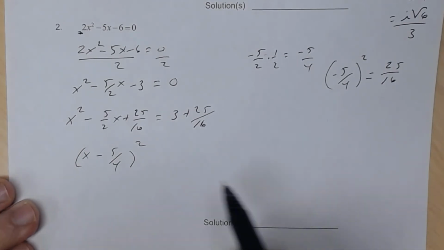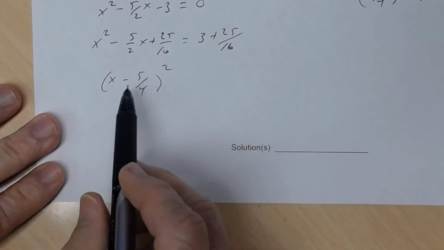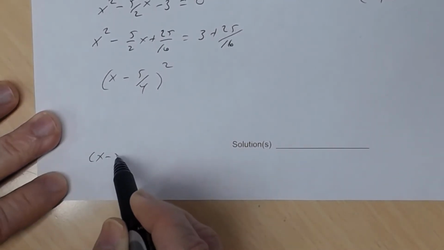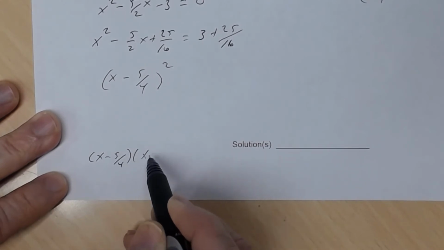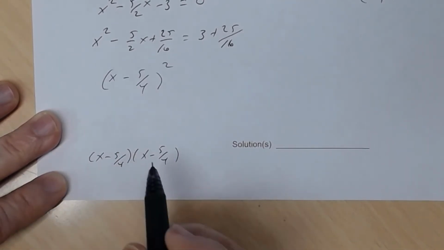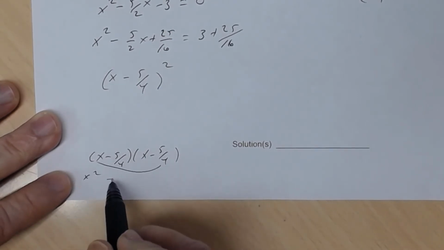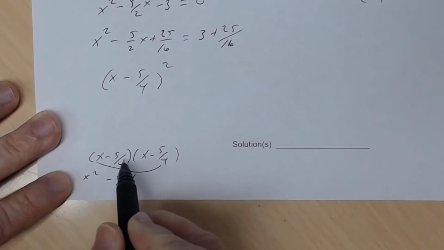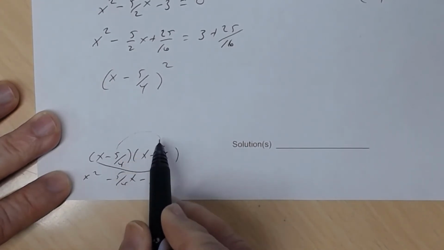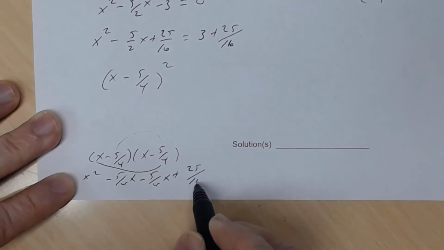All right. And you can always check your work. If you're having difficulty factoring because of these fractions, you can always go to the side and just multiply this out and make sure that you get this trinomial back. So if I FOIL, x times x is x squared, the outer is a negative 5 fourths x, the inner is also a negative 5 fourths x, and the last, a negative 5 fourths times a negative 5 fourths is a positive 25/16.